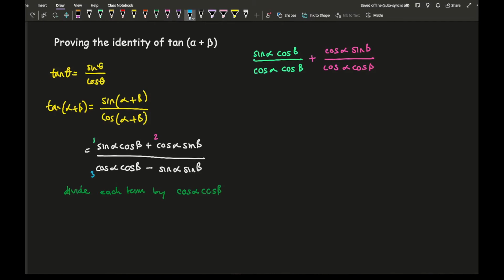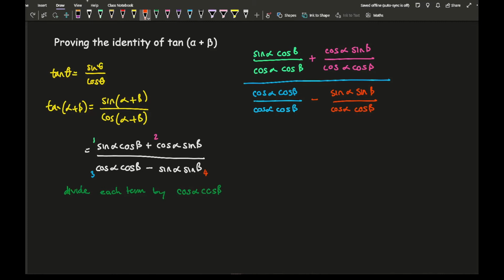Now moving on to the denominator, I end up with cos alpha cos beta over cos alpha cos beta, and this one here has minus sine alpha sine beta over cos alpha cos beta. So all I've done there is divide each term.